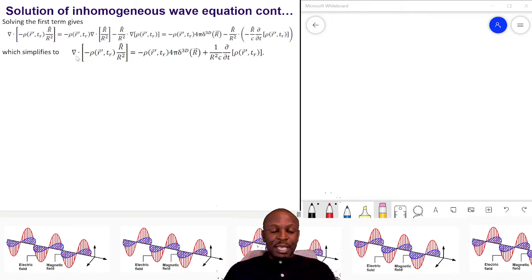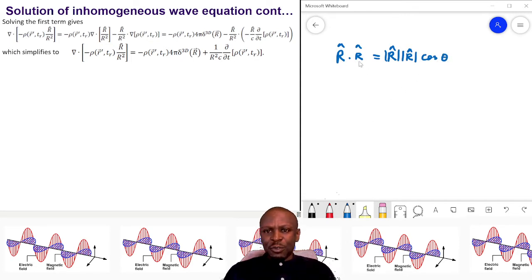Now, in that case, we can also go and simplify this term here. If we simplify that term there, this is what we are going to have. If we simplify this, this is this. And then this term here can actually be written in terms of this. Why is that the case? Because we have r dot r. Let me remind you of the dot product of two vectors. If you have r dot r, these are unit vectors. It can be given as the magnitude of unit vector r times the magnitude of the unit vector r times the cosine of the angle between them.